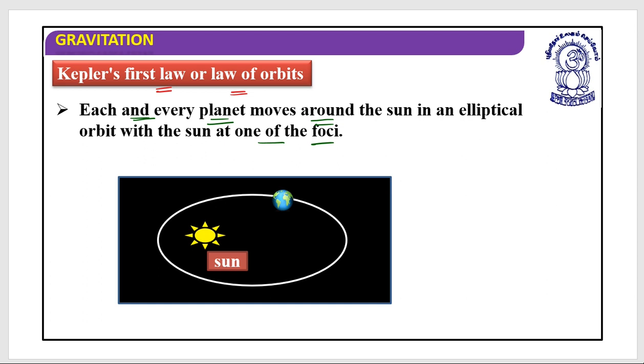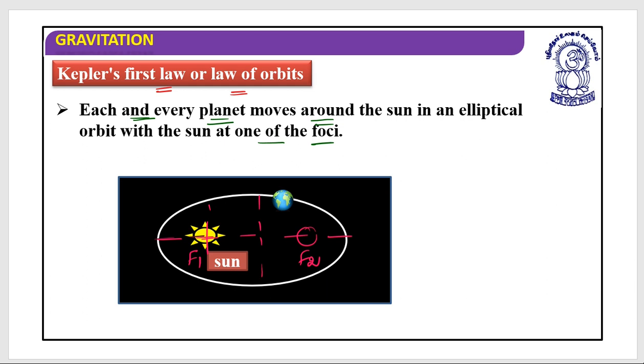Let's understand that this is an ellipse. Yes, now it is visible. So every planet moves around the sun in an elliptical orbit, while the sun is at one of the foci. This is F1. Here F2 would be there, the second focus.